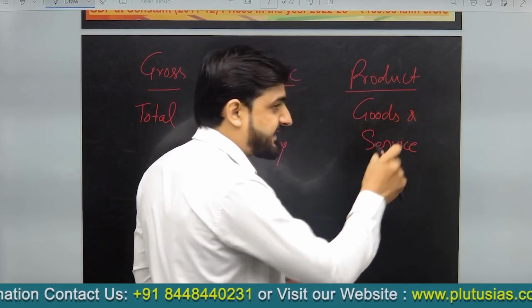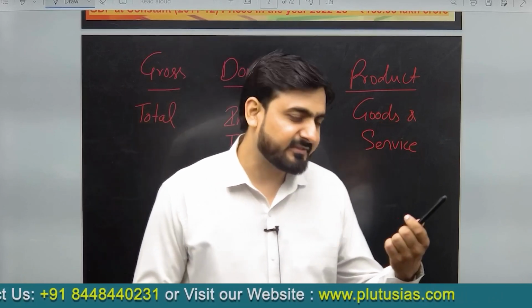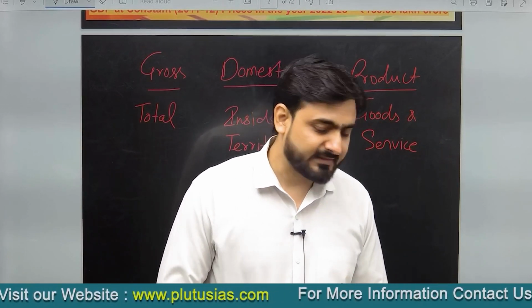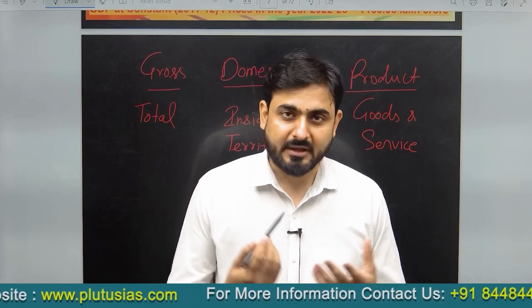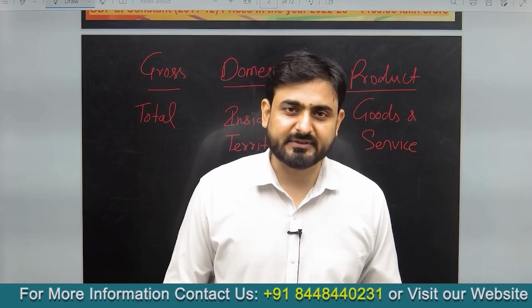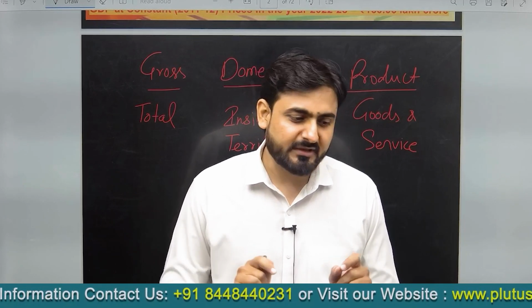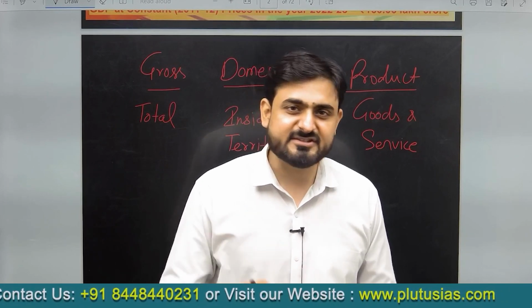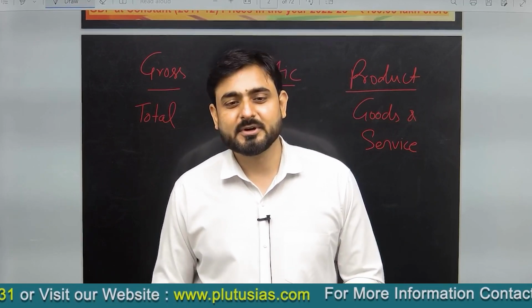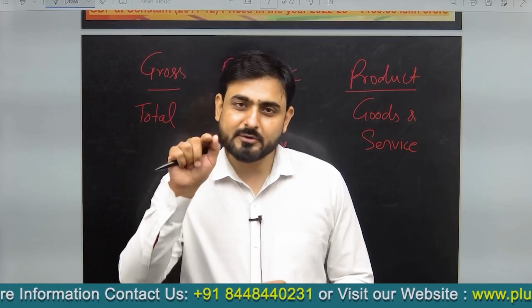So goods are tangible, which we can touch, just like this pen. Goods, just like this glass, camera, digital board, all are goods. Services are intangible, which we cannot touch, just like teaching. You are noticing I am teaching here, but you cannot touch it.